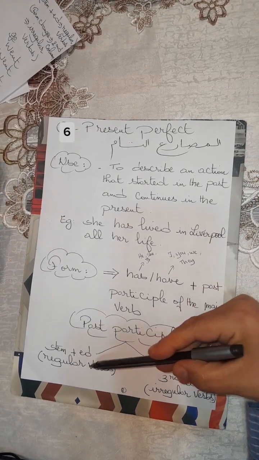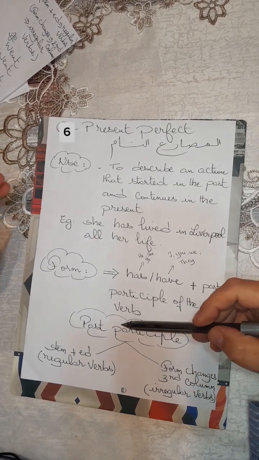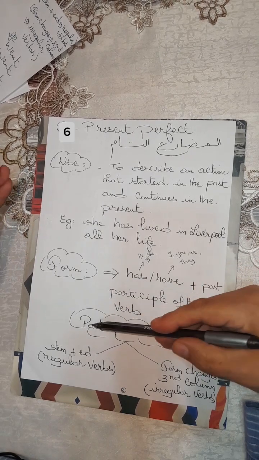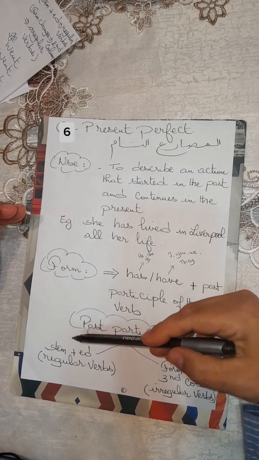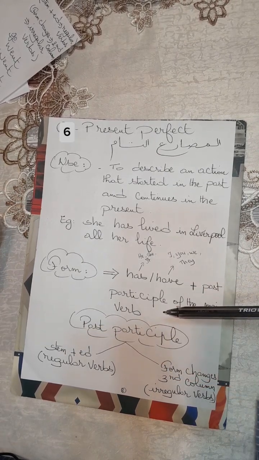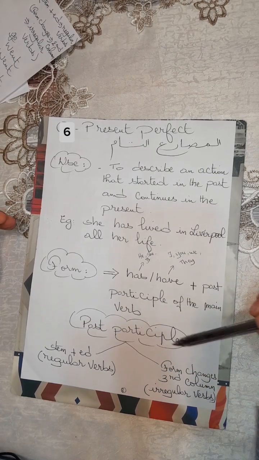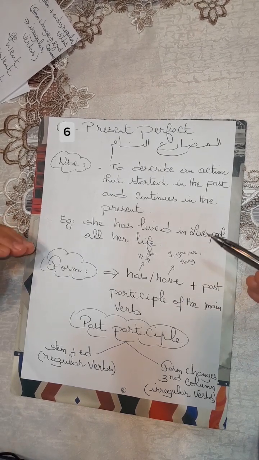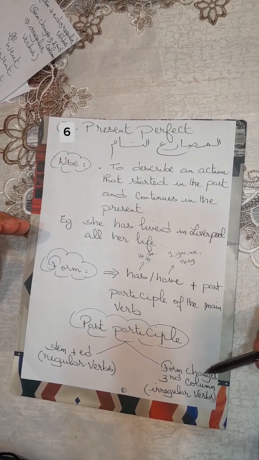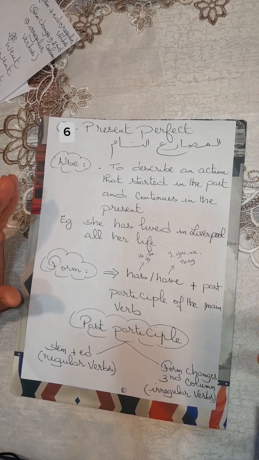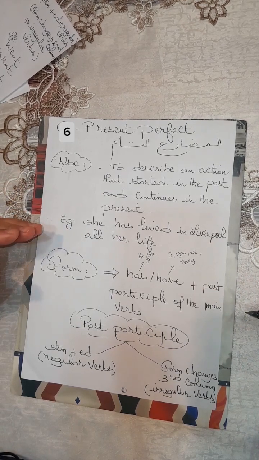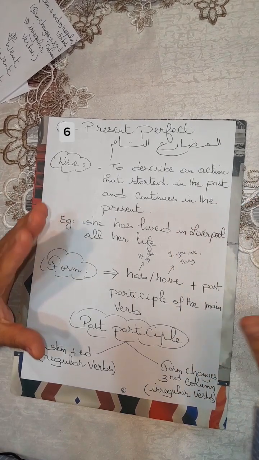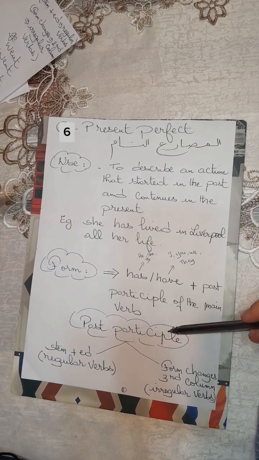If it is regular or irregular. كي يكون عندنا أفعال منتظمة أي regular verbs ال past participle يكون stem plus ed. كي يكون عندنا أفعال غير منتظمة أي irregular verbs هنا الشكل تاع الفعل راح يتغير form changes وهنا لازم نروحوا للخانة الثالثة أي third column. قلنا ال first column infinitive, second column past simple, third column هي ال past participle.